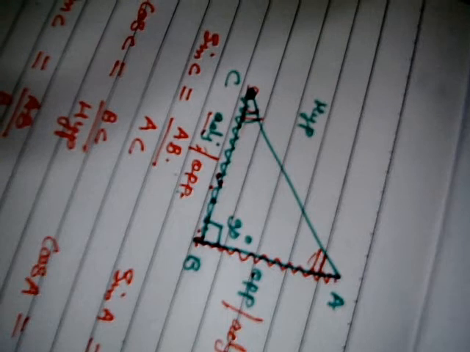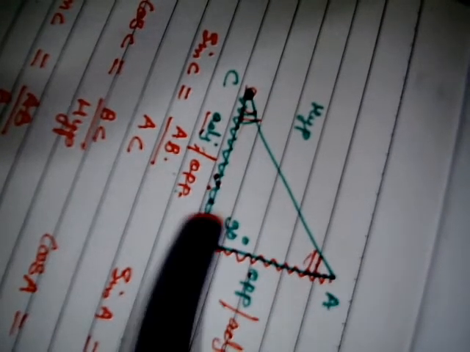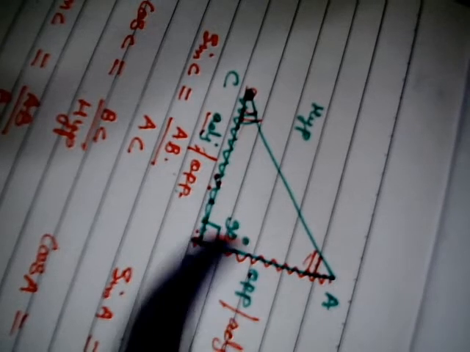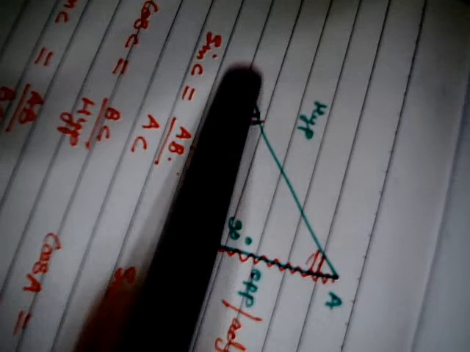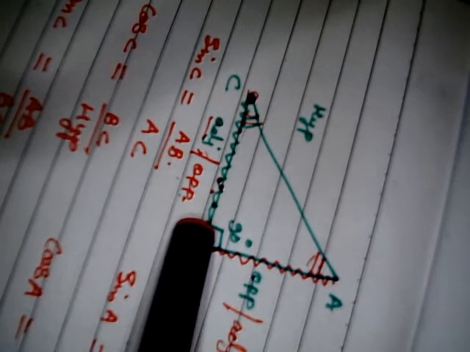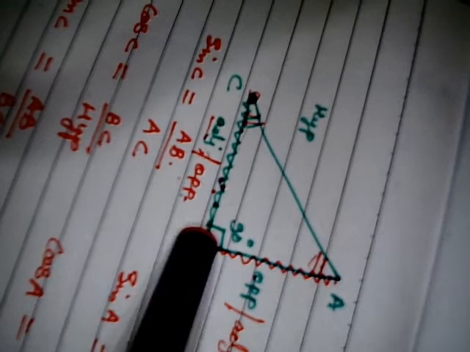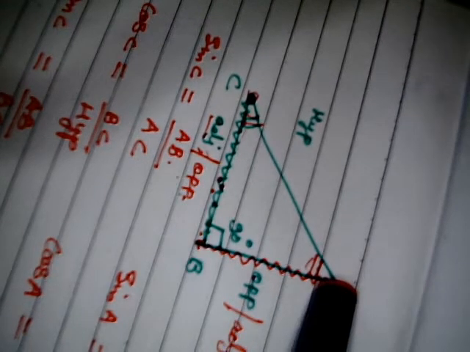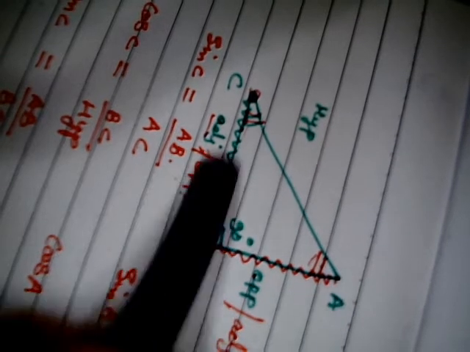So sine A, with A the attached side will always act as the adjacent side. So this will become adjacent and this will become the opposite side, because A angle opposite side is BC. So sine is always opposite upon hypotenuse. So sine A is going to be, the opposite side is BC and hypotenuse is AC.